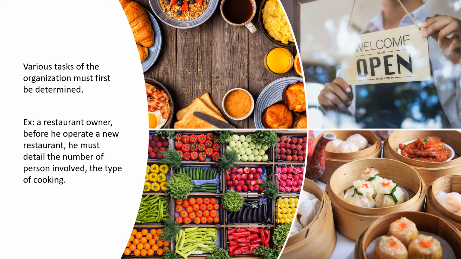These are the tasks or activities that you need to list down, so that you will know how many employees you need. For example, how many baristas, how many cooks, and how many dishes or pastries you want to offer.